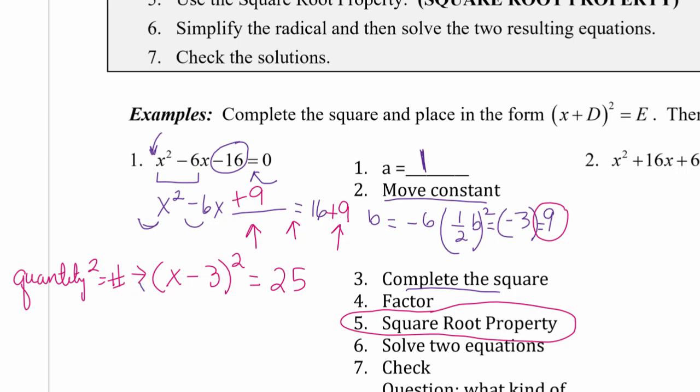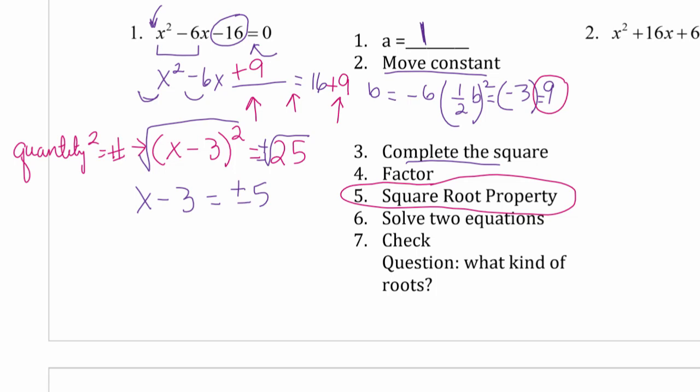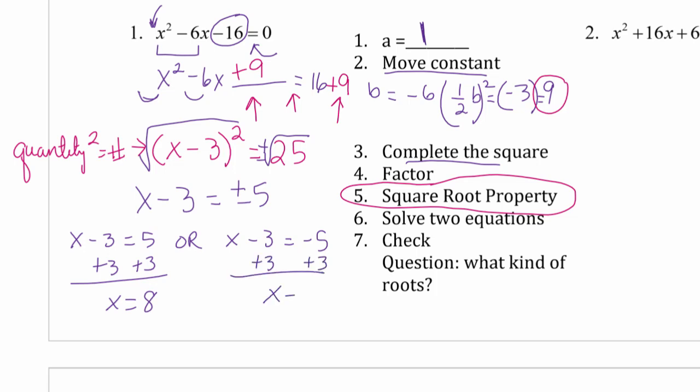So we're going to take the square root of this, but over here we're going to write plus or minus square root of 25. So here we have x minus 3 equals plus or minus square root of 25, so plus or minus 5. So now we have to solve two equations. The first equation is x minus 3 equals 5, or x minus 3 equals negative 5. Add 3 to both sides, and here we get x equals 8. And we're going to add 3 to both sides here, and we get x equals negative 2.